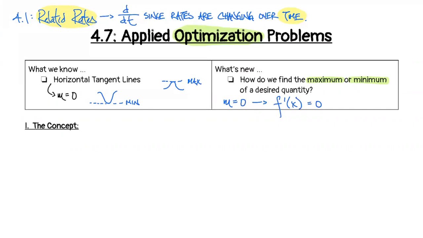So this concept that we've been talking about so much, slope equals 0, derivative equals 0, is going to take us very far in this unit. All right, so let's unpack that a little bit more.